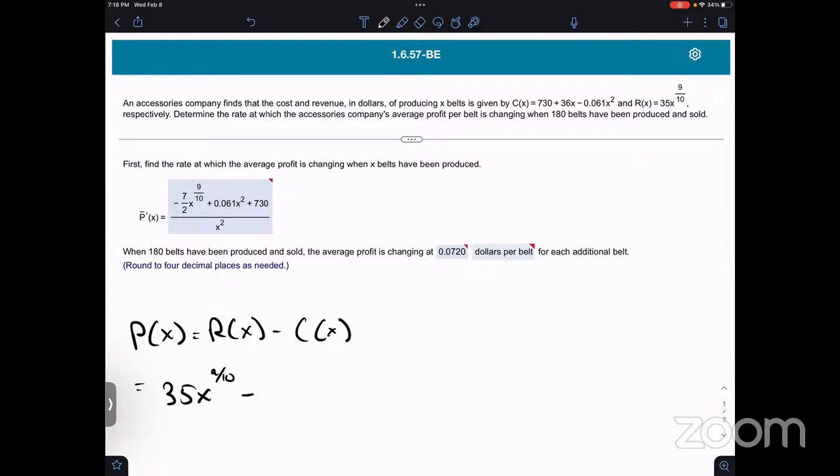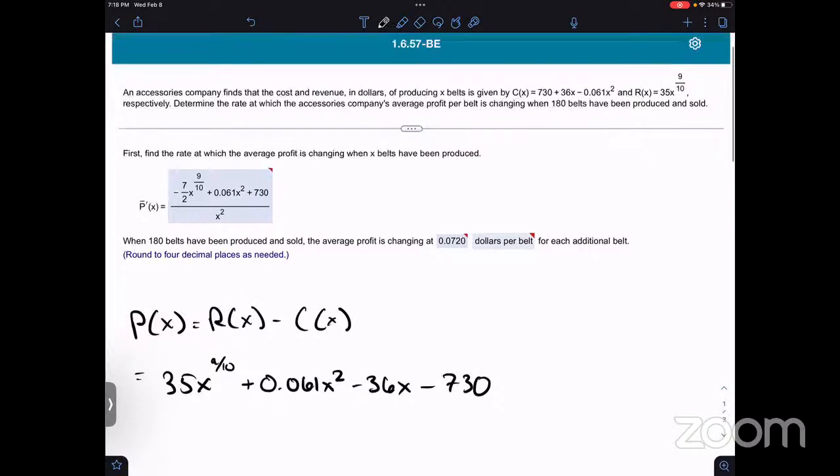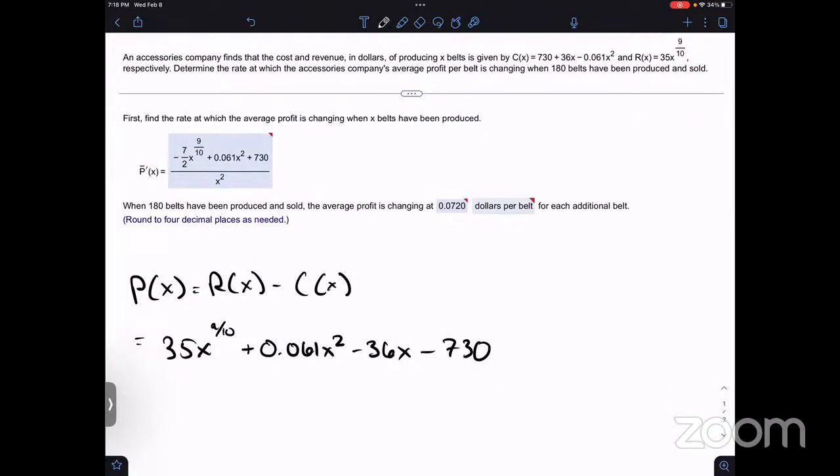So when I distribute my negative, I'm going to rearrange it a bit. We get 0.061x squared minus 36x. That's not a 36. Minus 730. Okay. I just did R of x minus C of x. It doesn't look like we really have any like terms.